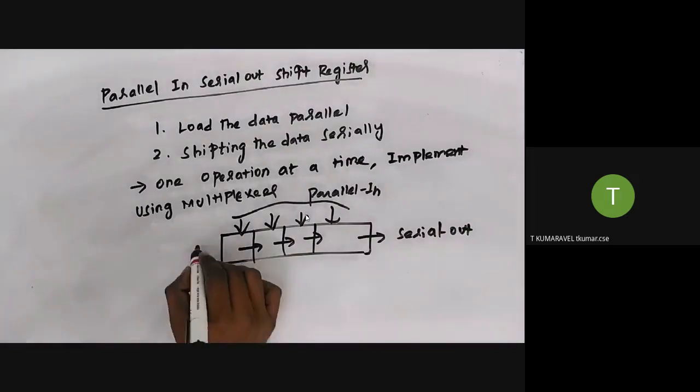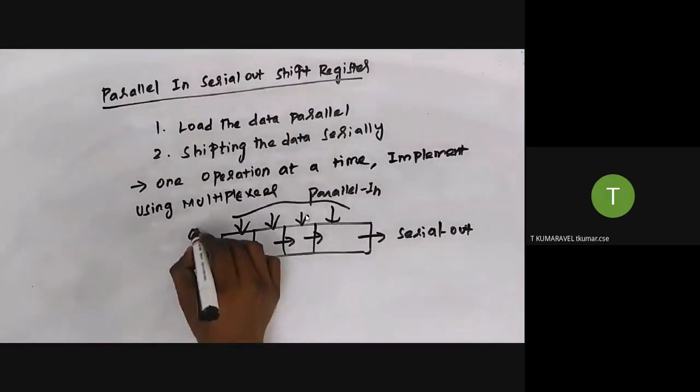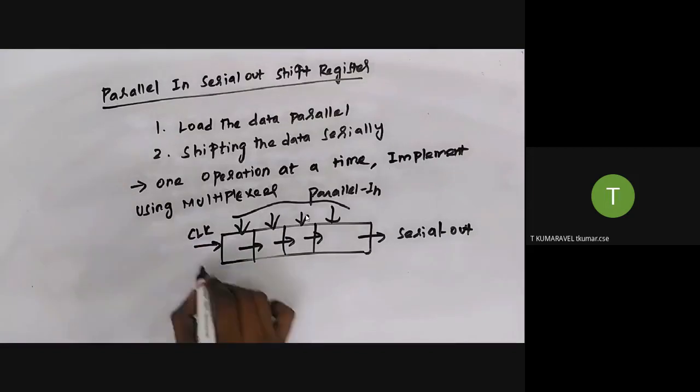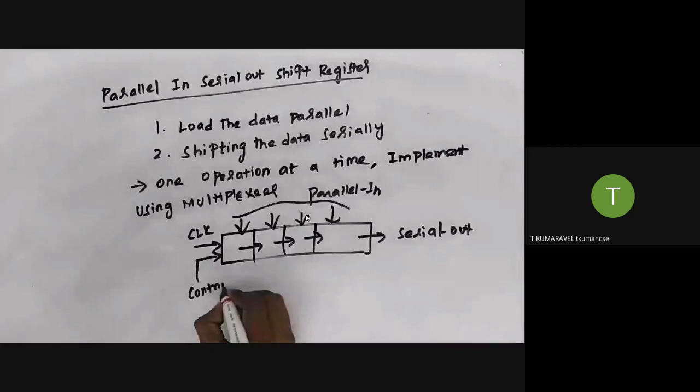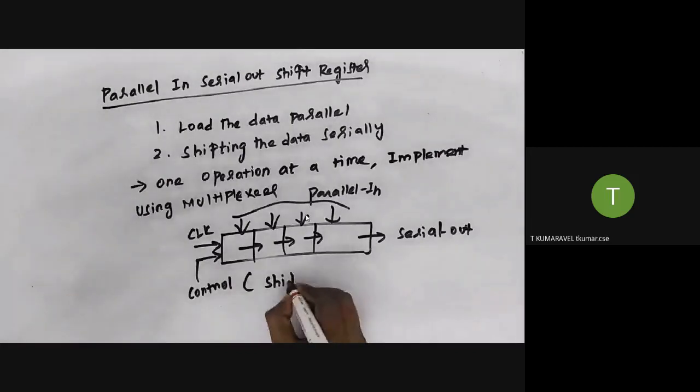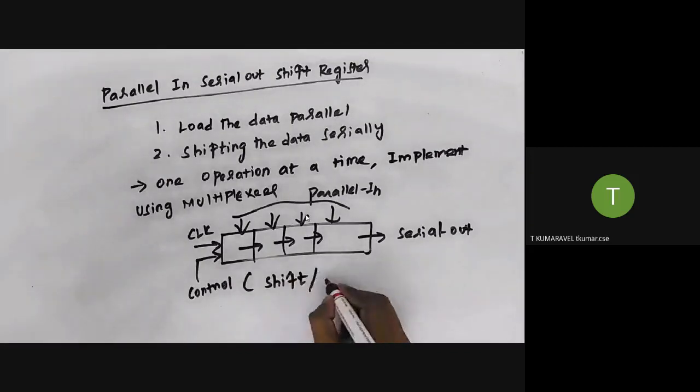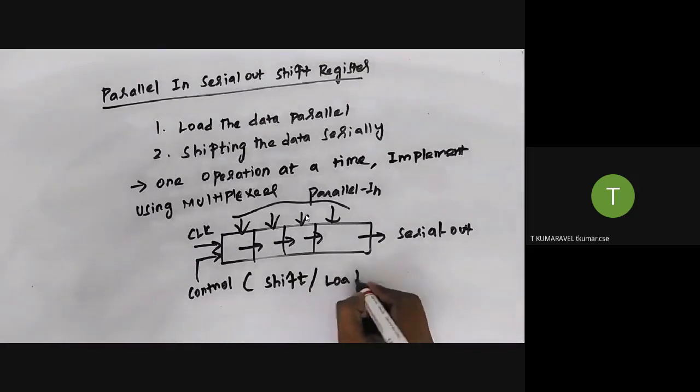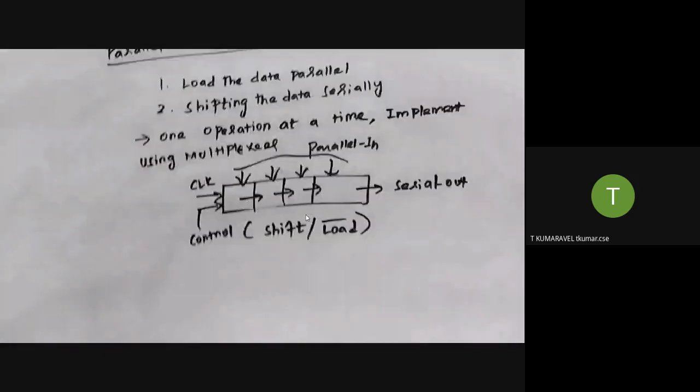In order to perform the operation we need a clock pulse, and to control it the control signal is called the shift/load bar signal.